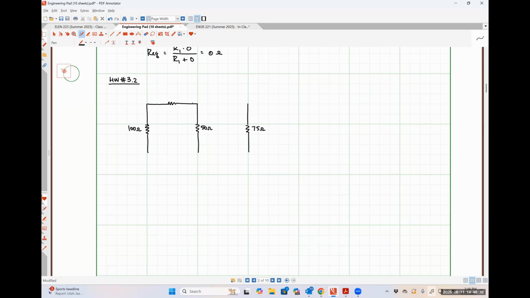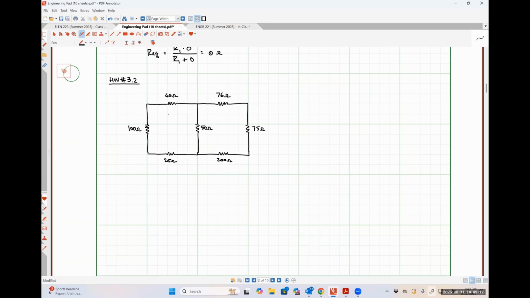Across the top here, based on my numbers, this is going to look like a 60 ohm resistor. Here we have a 76 ohm resistor. Down here we have a 25 ohm resistor. Down here we have a 200 ohm resistor.